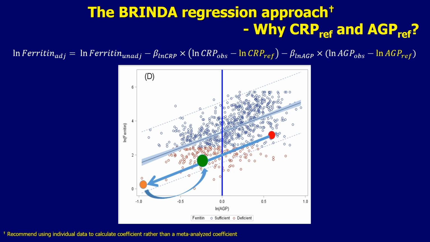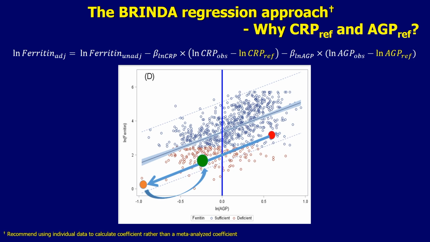Following the blue line to the orange dot, you would get a data point of 0 AGP, but there are no 0 values for AGP in this dataset, so correcting to 0 would be too much, i.e. overcorrection. Instead, we want to correct to a relatively low level of AGP, which is the green dot, or the AGP first decile in this tutorial.